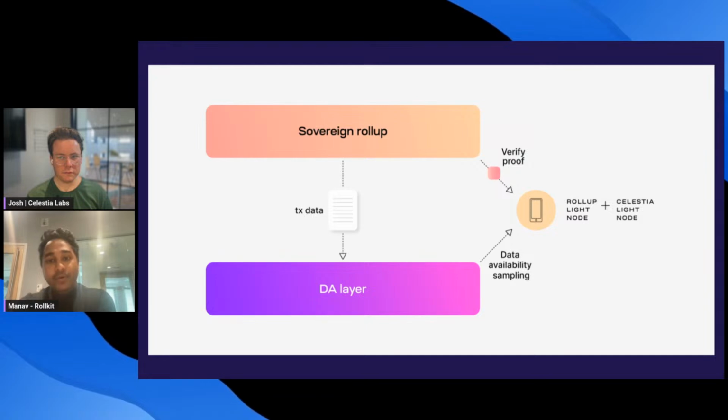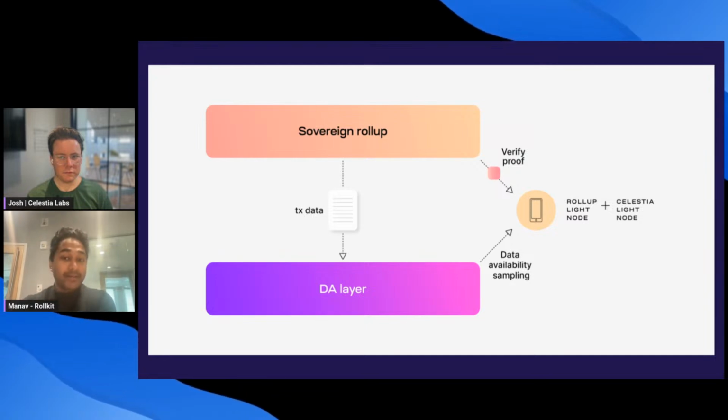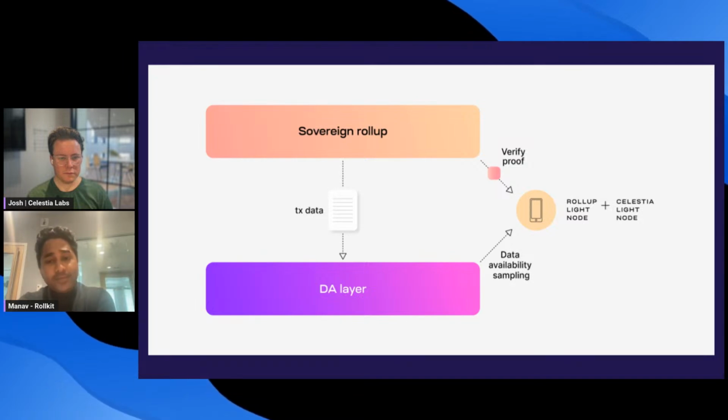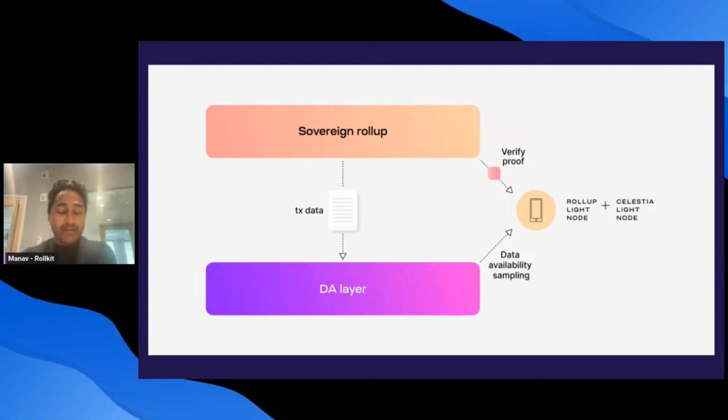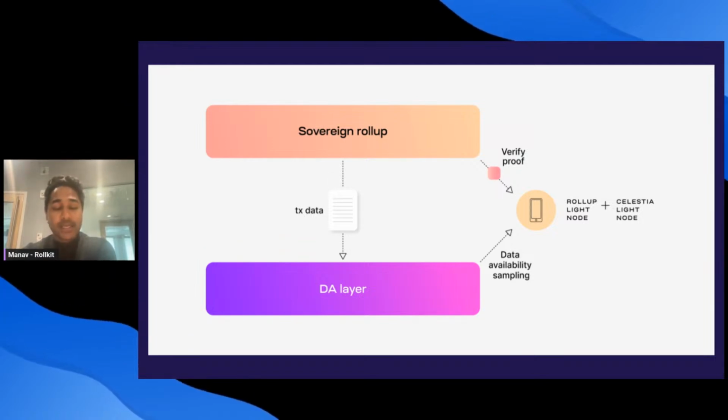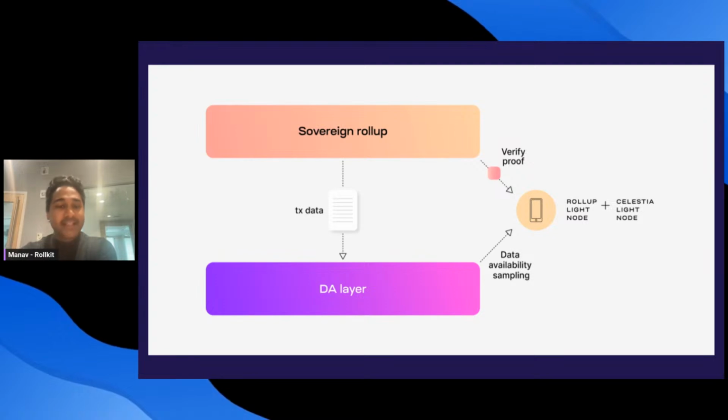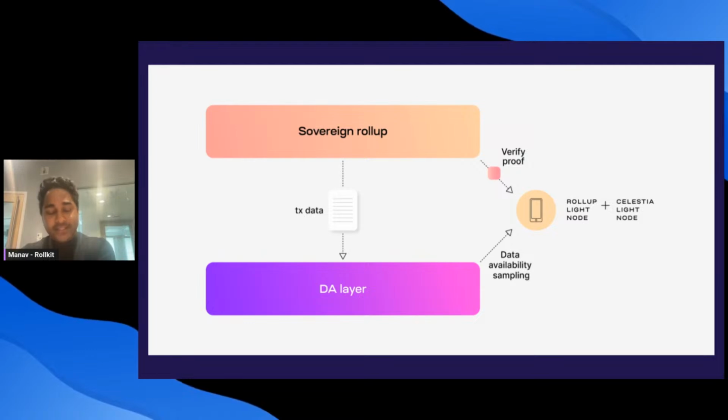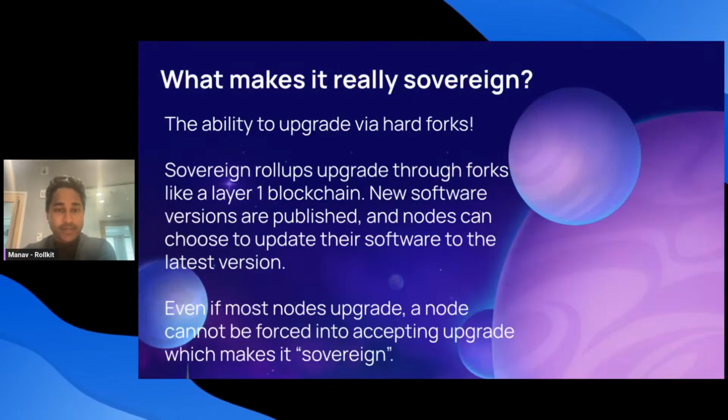And the rollup light nodes or rollup nodes will be running the DA layer light node, which, depending on the DA layer, will be doing data availability sampling, as in Celestia's case. And any kind of proof systems that the sovereign rollup uses, they would verify that as well. So it's sort of a visualization for it.